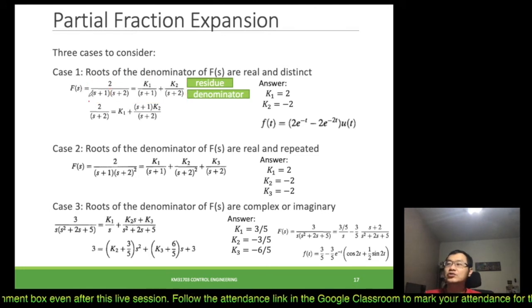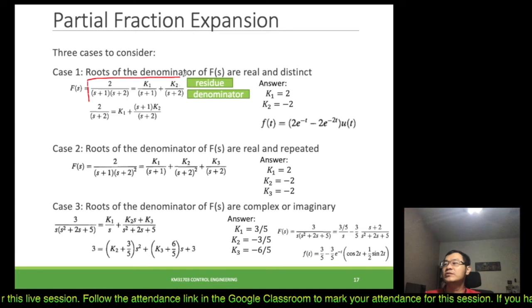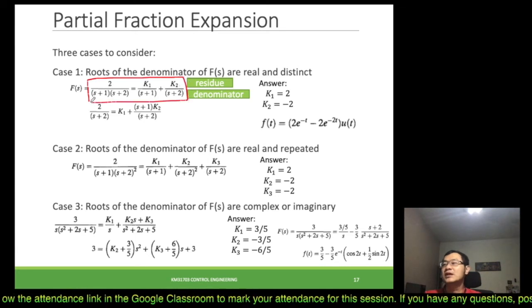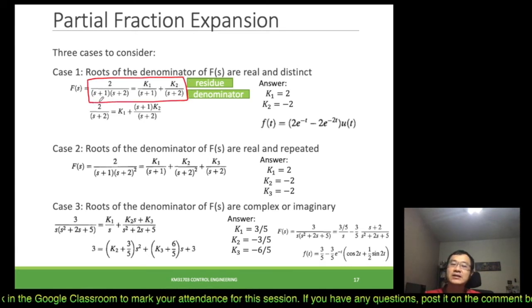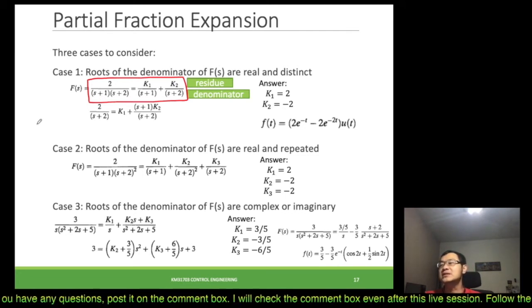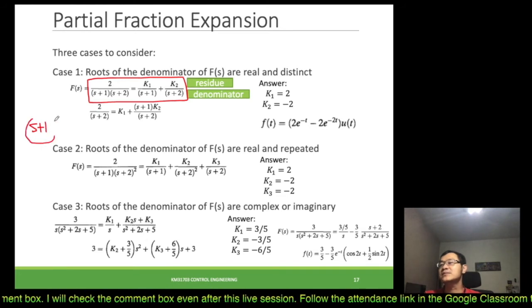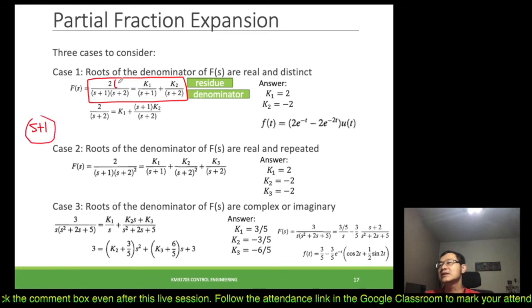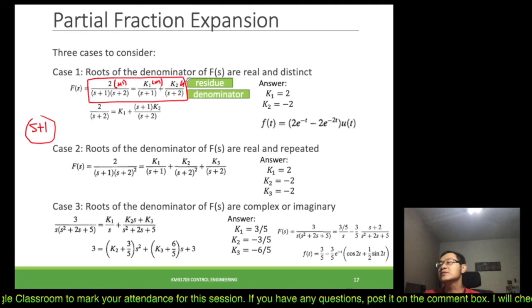Now when we want to solve this part, what we need to do is take these 2 parts and see which group we want to cancel out. Let's say we want to cancel out the s plus 1, right? So in order to cancel out this s plus 1, we multiply s plus 1 here, and also the s plus 1 over here, right?